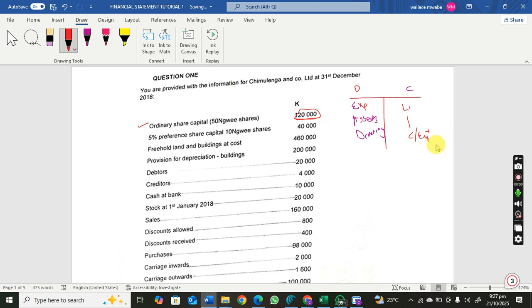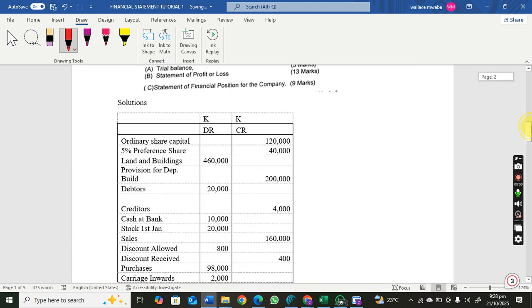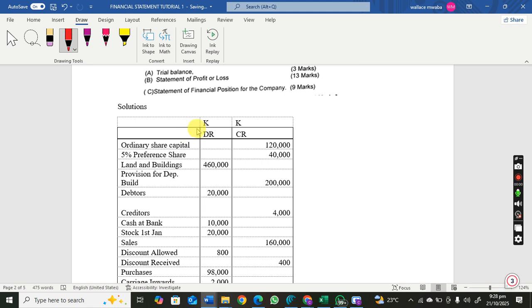Equity is on the credit side, so you put this ordinary share capital on the credit side of your trial balance. Your trial balance has to have a debit side and a credit side.